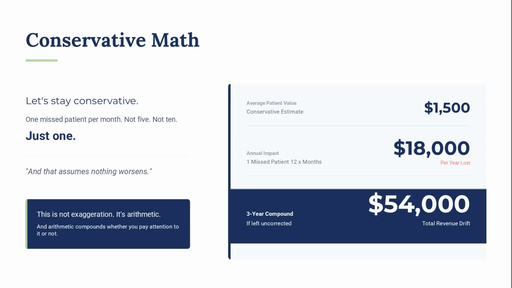And that assumes nothing worsens. No additional gaps, no increased inefficiency, just what's already happening. This isn't exaggeration, it's arithmetic. And arithmetic compounds whether you pay attention to it or not. And the point here is not to dramatize loss, it's to make the economics visible enough that the decision can be made rationally.